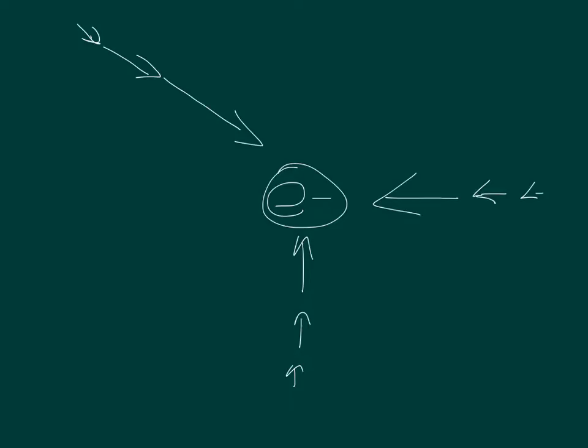So let's get rid of this electron and let's just put some basic charges out and see what it kind of looks like. So I'm going to switch to the symbol Q here, Q minus, Q plus. We're going to look at how a positive charge would behave when placed in proximity to these two charges.